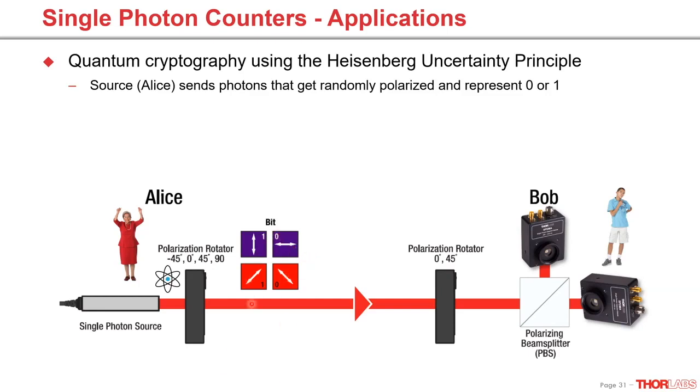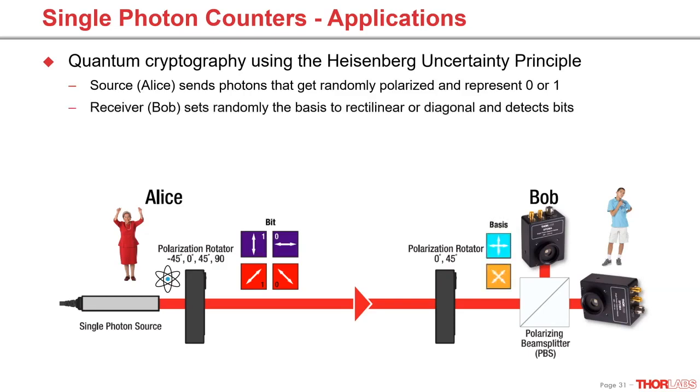Both 0 and 1 have 2 polarization states, either vertical and right linear for 1, or horizontal and left linear for 0. The receiver Bob sets the basis, either rectilinear, horizontal vertical, or diagonal left right linear, and receives bits that can be correct or not.